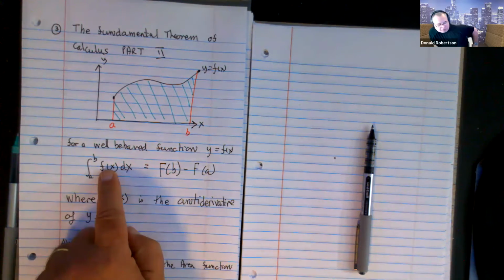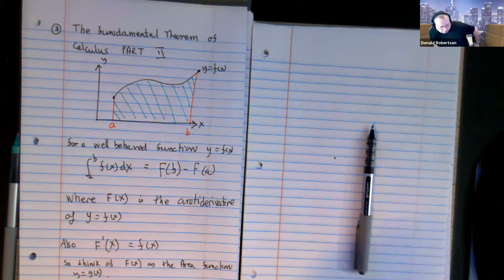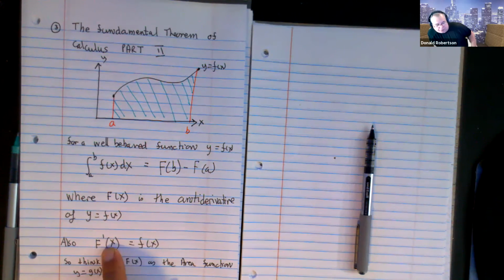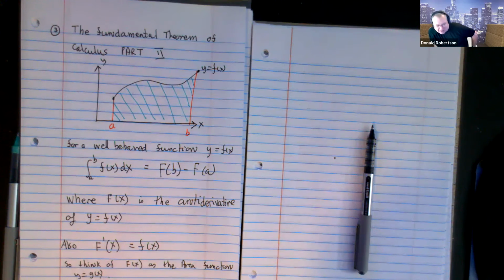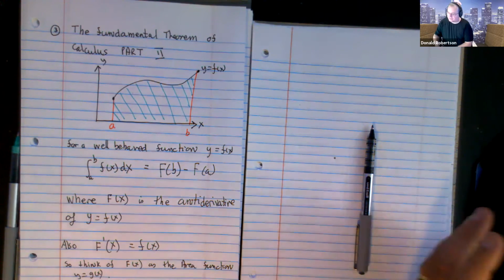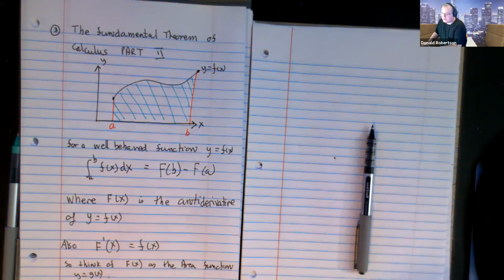We spent maybe an hour doing antiderivatives. Now, here's something I didn't mention, but it's also true. Isn't the derivative of the antiderivative just the original function? So if you take a function f of x and you find its antiderivative called capital F of x, if you now differentiate that capital F, don't you get back to f of x?